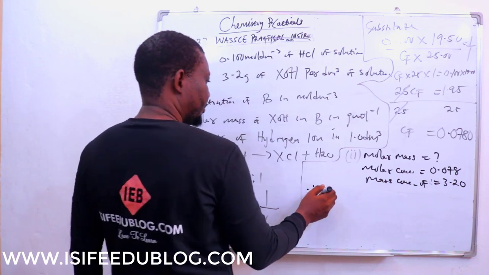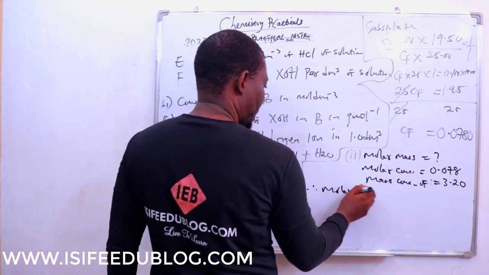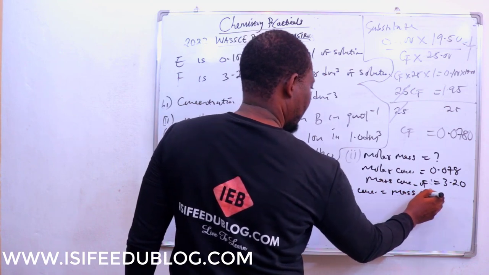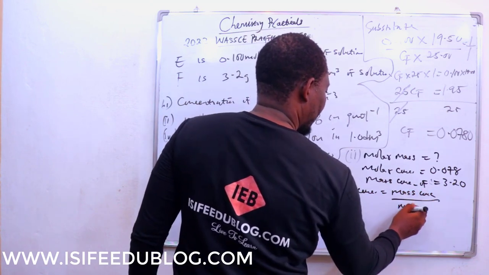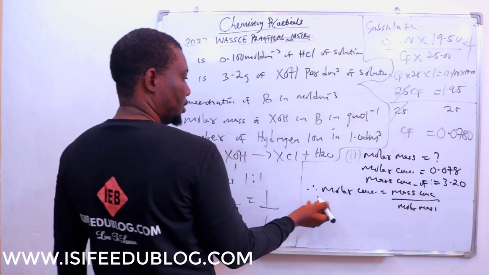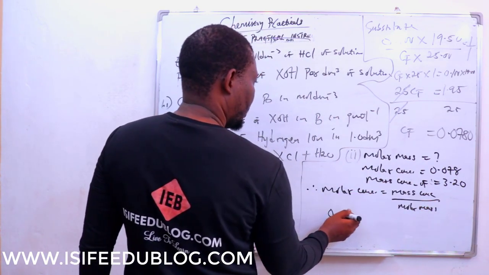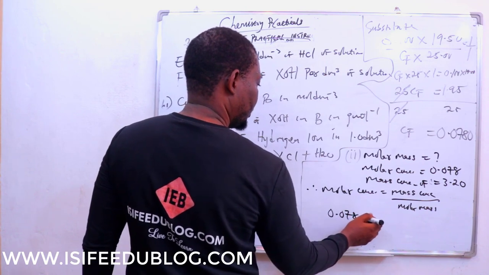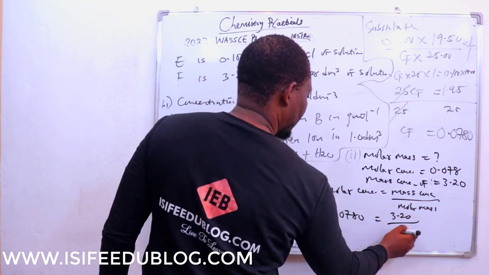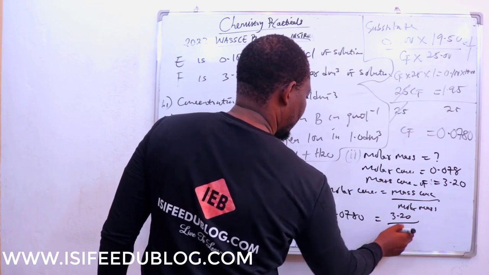Therefore, molar concentration equals mass concentration over molar mass. So we substitute: 0.0780 equals mass concentration 3.20 over X, the molar mass.